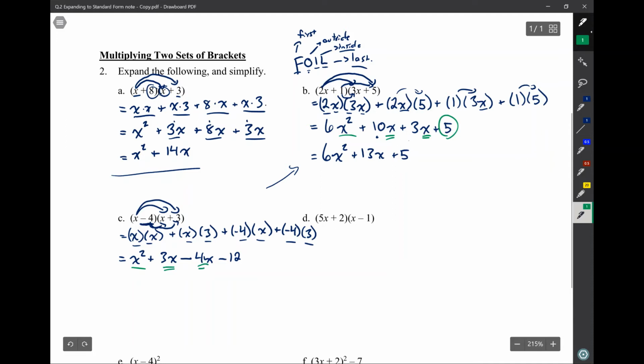My x's are like terms. And my coefficient here is unique. So that equals x squared. And then I have 3 x's minus 4 x's. So in total that's negative 1x. Another way of writing that is negative x. And minus 12. That's a unique term there as our coefficient. Like I said, I can rewrite this as x squared minus x minus 12. That's what it should look like.